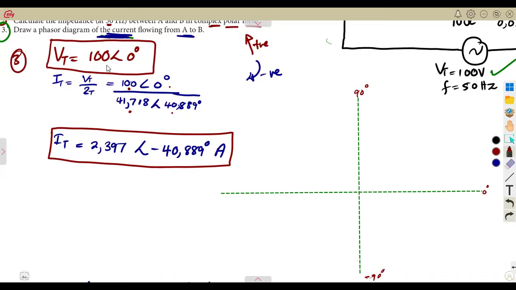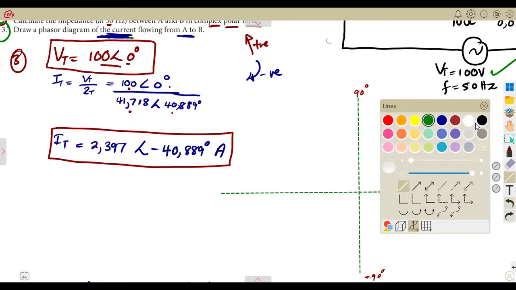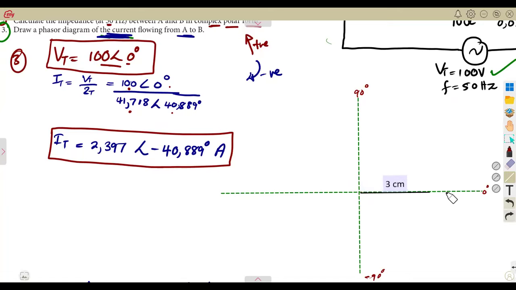So VT is direct at 0 degrees. So we are going to have this one direct in this line. Let me just change so that we can see it properly. It's going to be direct along this 0 degrees. That is where we are going to have our VT, 100 at an angle of 0 degrees.